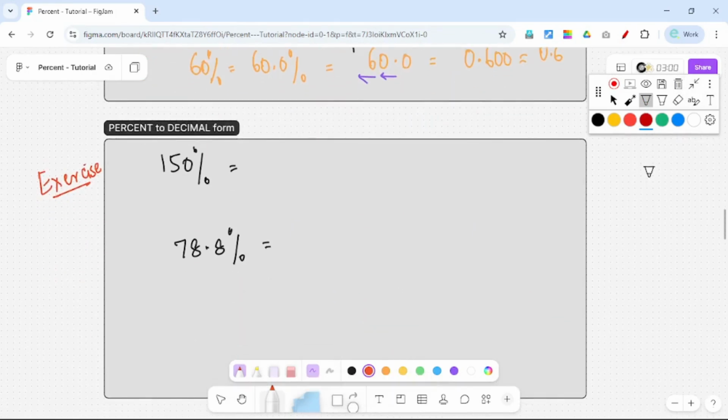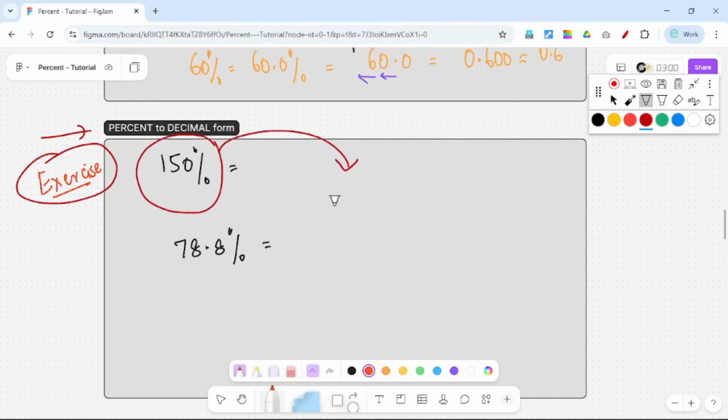I'll give you some exercise. There are two practice exercises. You have to convert from percent to decimal. You can pause the video. Think how you will convert 150% to a decimal number, or you can also have a number which is itself a decimal number, but along with the decimal it also has a percentage.